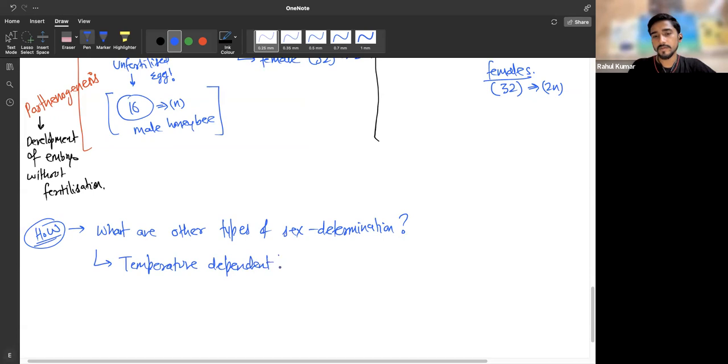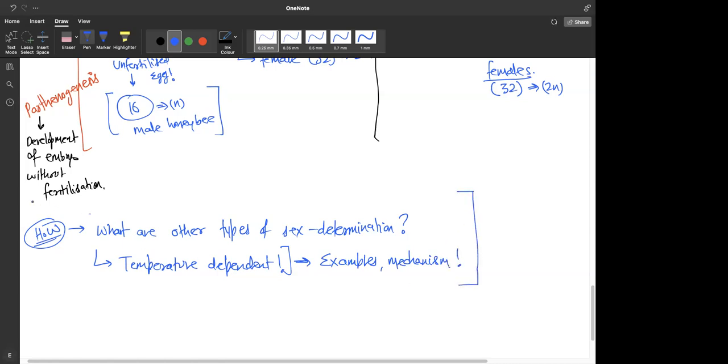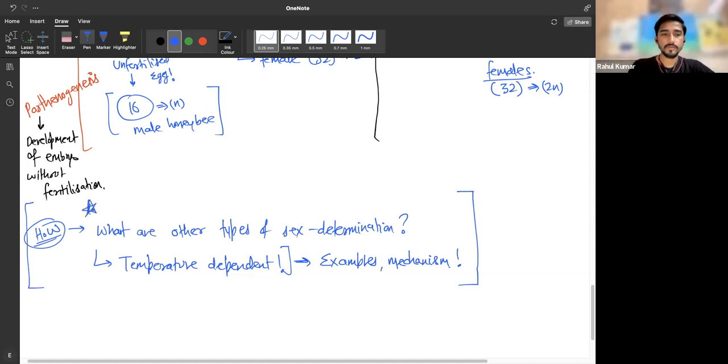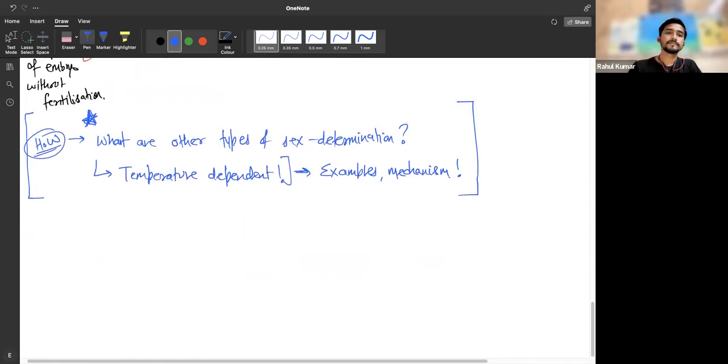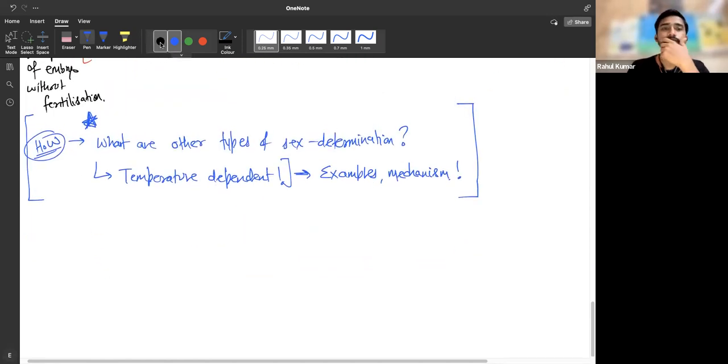So I'm already telling you, temperature dependent. You have to figure out examples and mechanism. Will you do this? Nature is interesting. So this is your homework. Note down. We will discuss this tomorrow after the test.